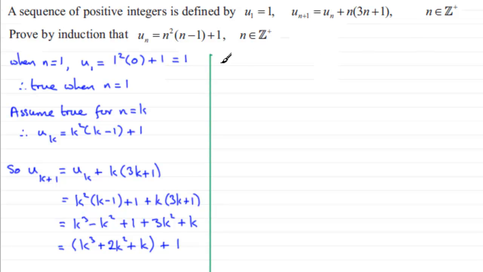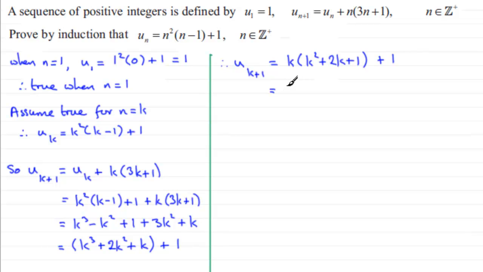Therefore u(k+1), looking at this, what I can do is pull out k as a common factor. If we do that, we've got k there, and we're going to be left with k squared plus 2k plus 1, and then plus the 1 on the end.